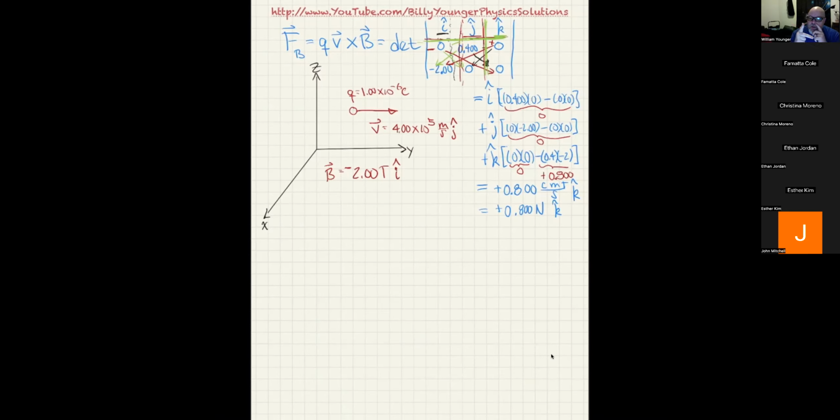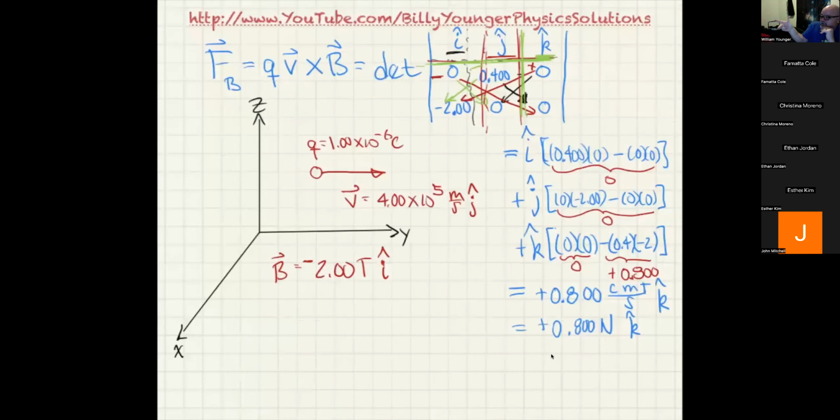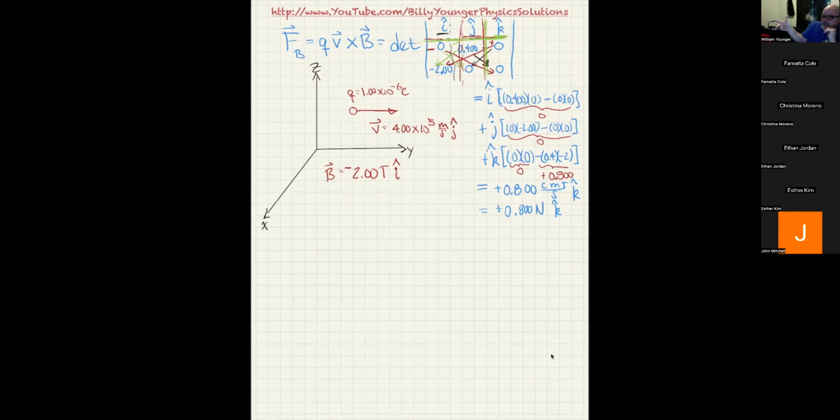So in our diagram that I have drawn here, I have my y-axis being parallel to my V, and I have my charge being positive, and the velocity points to the right. So I point my index finger to the right, which is the direction of QV.